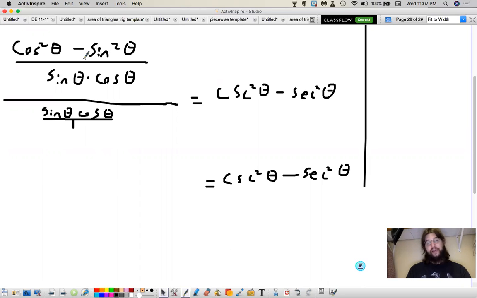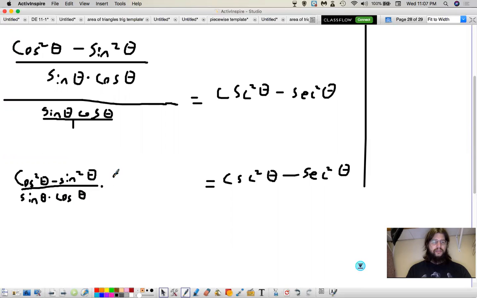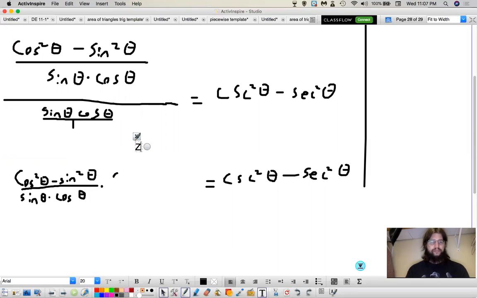We're still dividing by fractions, so might as well just flip it and multiply. Cosine squared theta minus sine squared theta over sine theta cosine theta times, flip it, sorry.